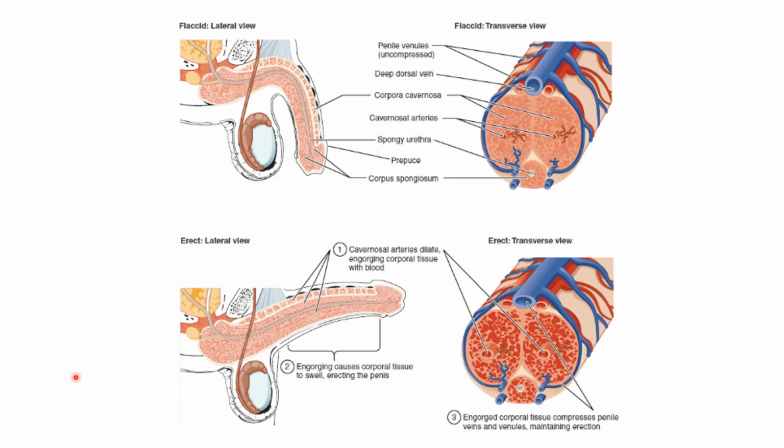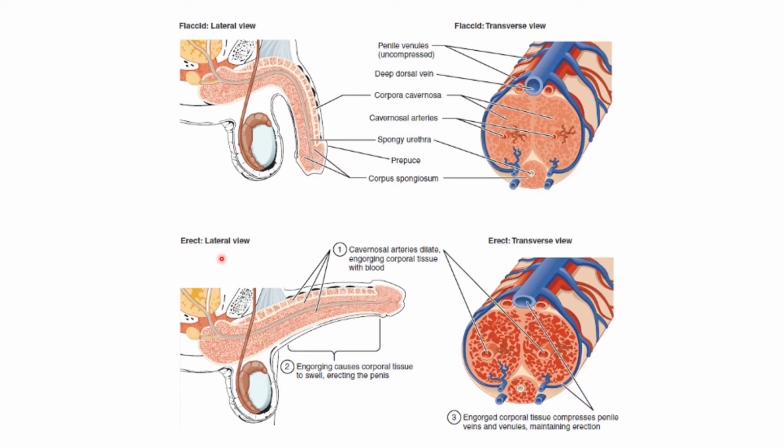So here it shows you a flaccid, or the lateral view of a flaccid penis. So you see here that this is the corpora cavernosa. These are the arteries. You have the spongy urethra at the bottom, and then the prepuce, and then the corpus spongiosum. So in this one, as you see, the cavernosal arteries aren't flushed with blood, so it makes the penis flaccid.